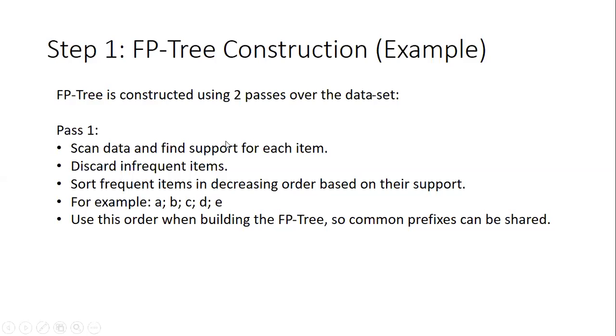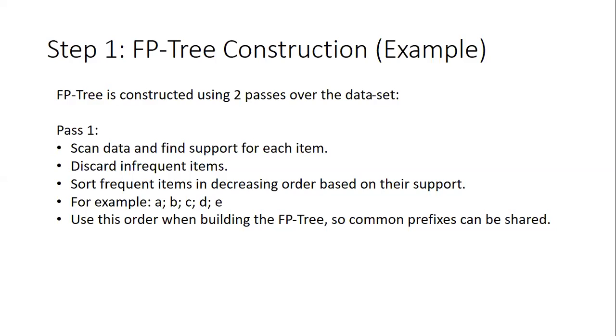So what do we do in pass 1? Pass 1 is similar to our Apriori algorithm. We scan the transaction database D, find out how many different items there are, and find the corresponding support count of each item.